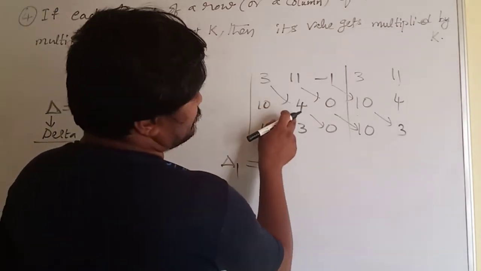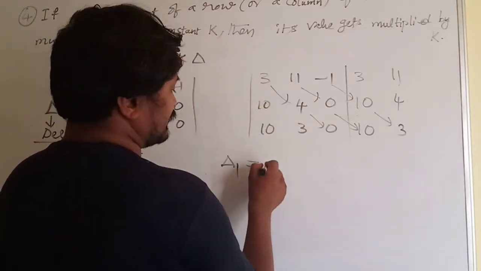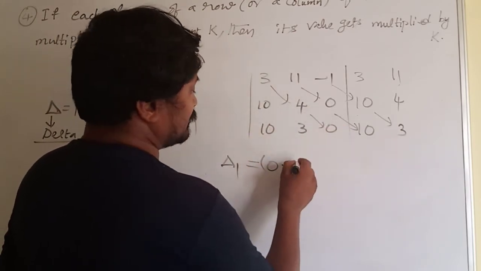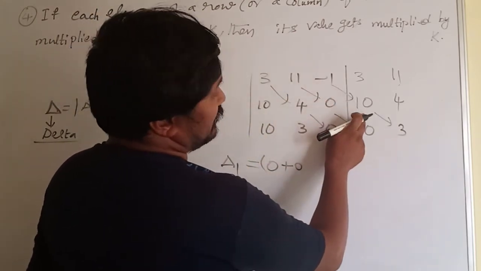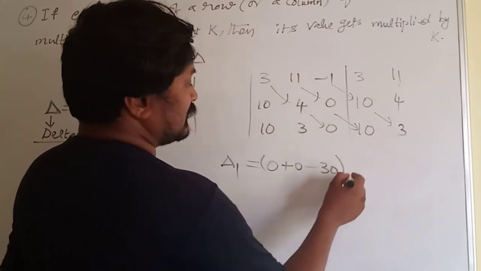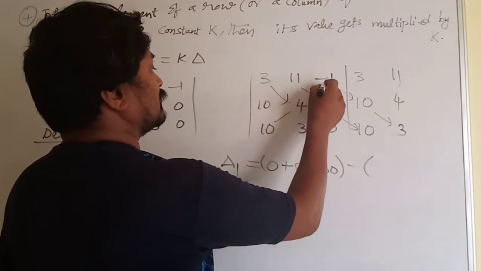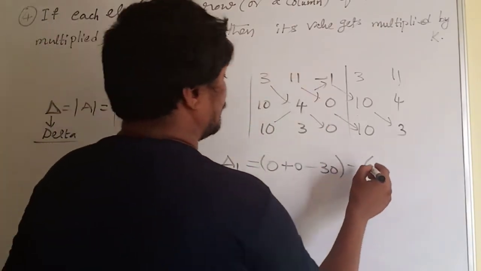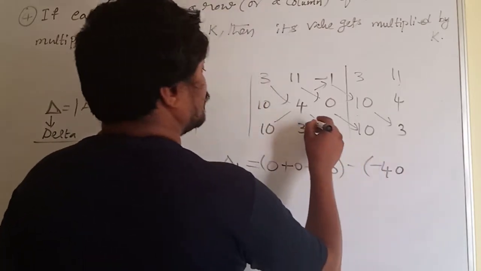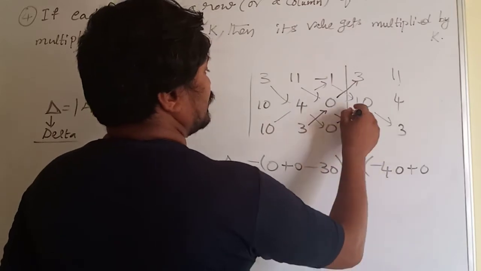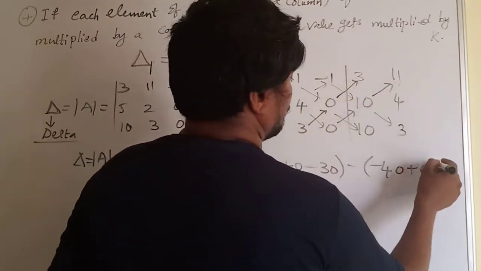Now 3 4s are 12, 12 into 0 is 0, plus 11 zeros are 0, 0 into any number is 0, minus 1 into 10 is minus 10, minus 10 into 3 is minus 30, and the minus symbol. Then the first one, 10 4s are 40, 40 into minus 1 is minus 40. Next, 3 into 0 is 0, 0 into 10 is 0, 0 into any number is 0.